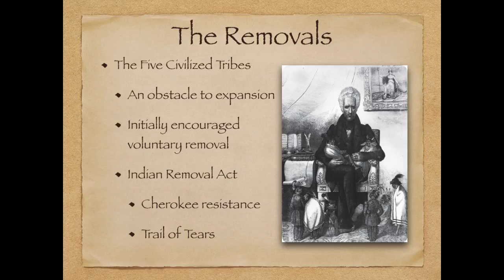Ironically, the Cherokee, who were often considered the most civilized of the civilized tribes, suffered probably the worst fate. In 1827, the tribe proclaimed itself an independent republic and petitioned the U.S. Supreme Court for an injunction against the state of Georgia's assertion that state jurisdiction was superior to theirs.